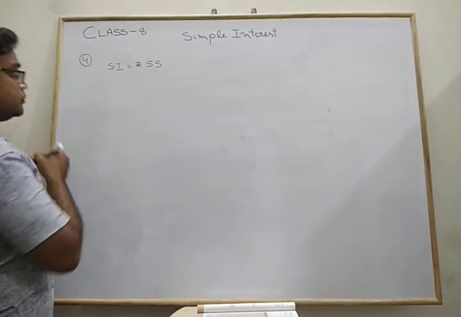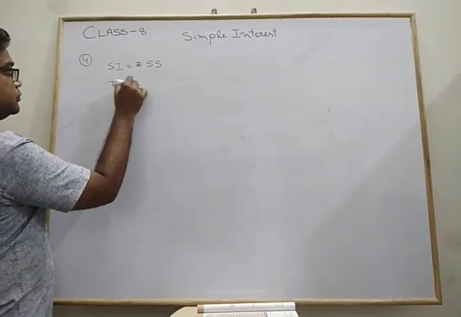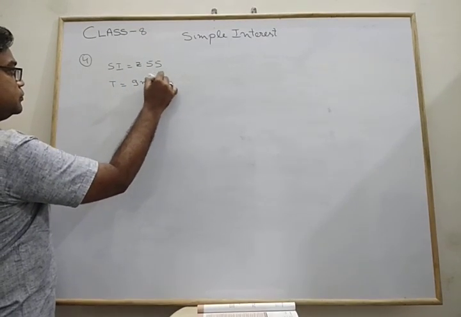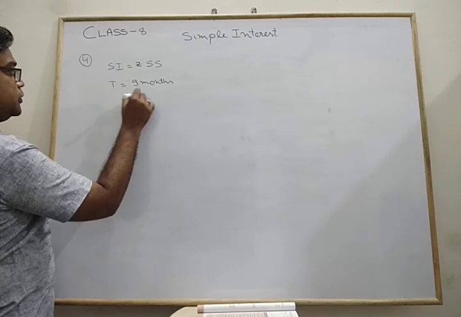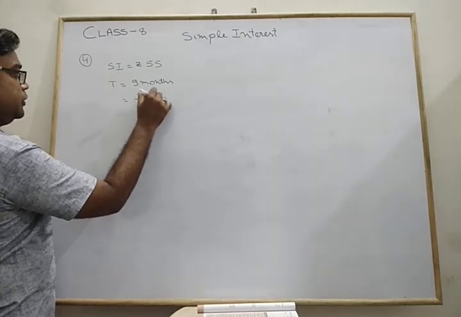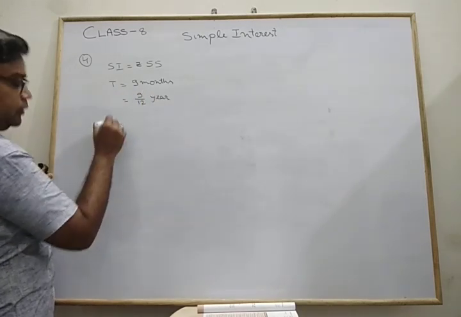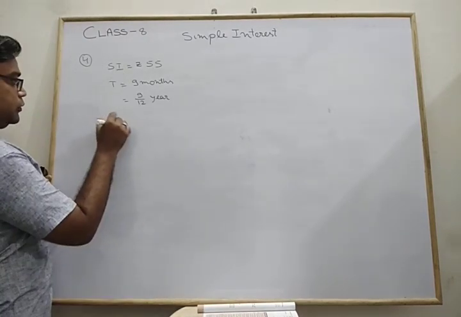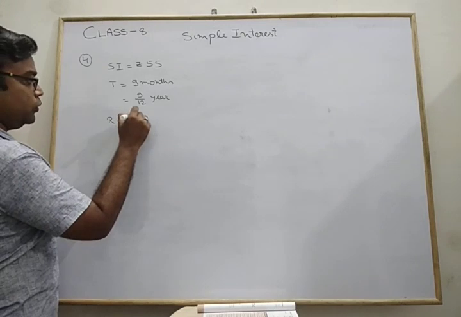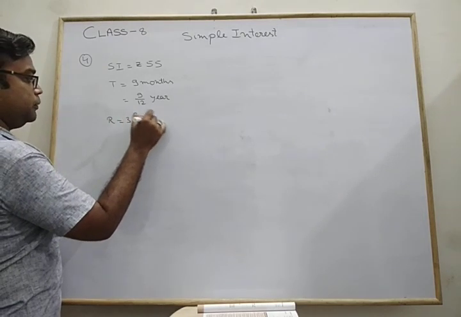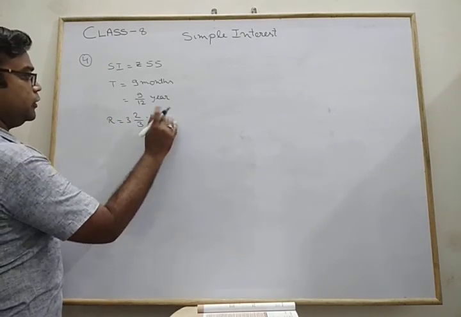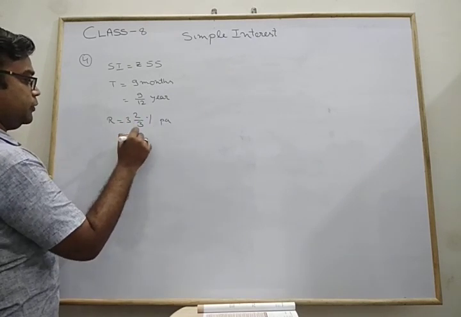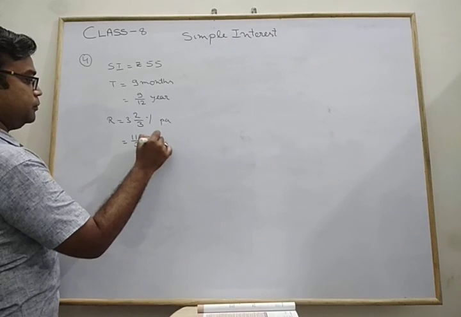Time is given, equals 9 upon 12 here. Then what is given? Rate. Given 3 whole 2 upon 3%, that is 11 upon 3% per annum.